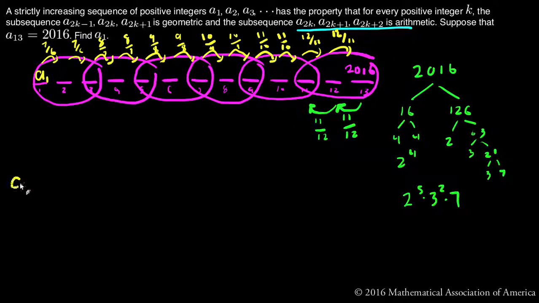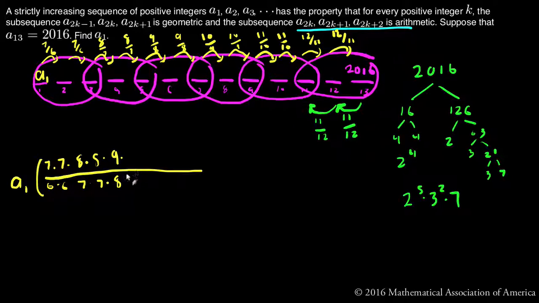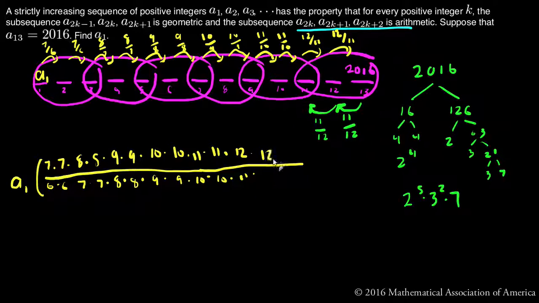So term 1 times, I'll just put a big old fraction here, 7 over 6 times 7 over 6 times 8 over 7 times 8 over 7 times 9 over 8 times 9 over 8 times 10 over 9 times 10 over 9 times 11 over 10 times 11 over 10 times 12 over 11 times 12 over 11.